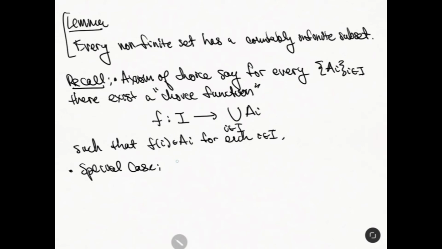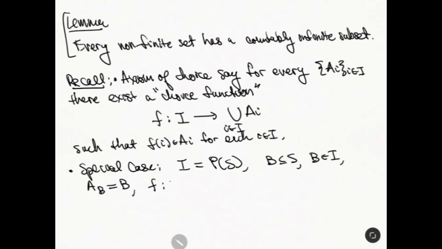So I is equal to the power set of some set S. Here, if B is a subset of S, so that B is in I, then A sub B is just B. So F is a map from the power set of S to the set S itself, and F of B is an element of B.